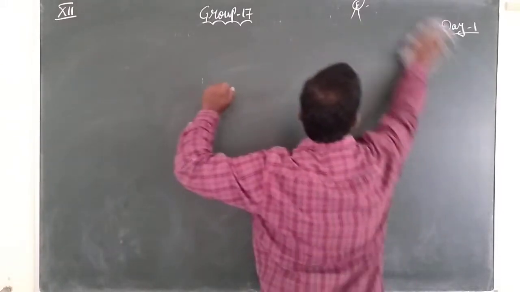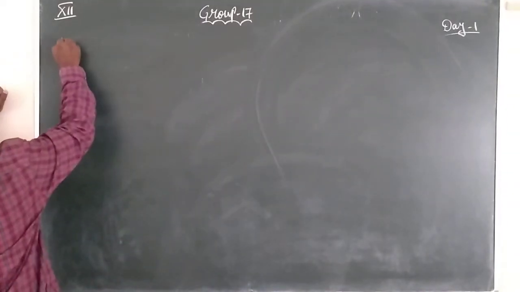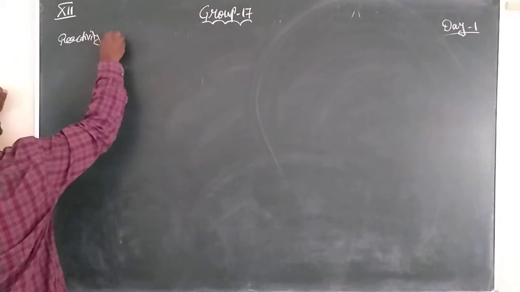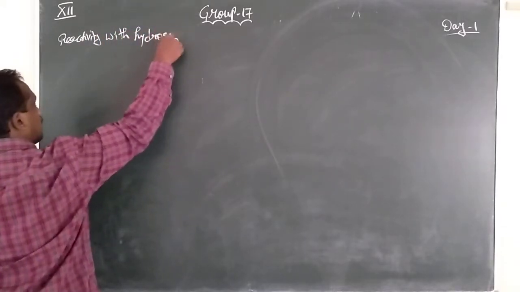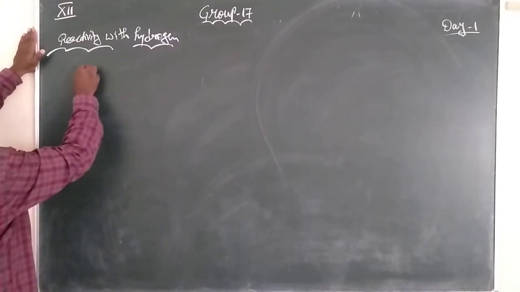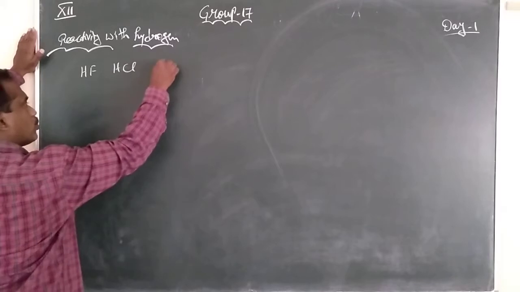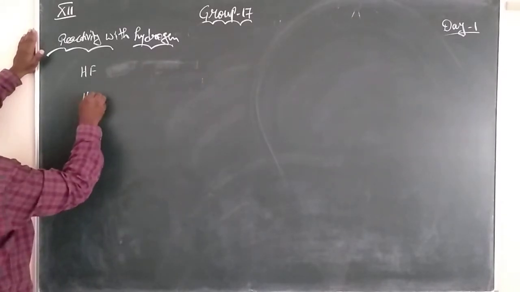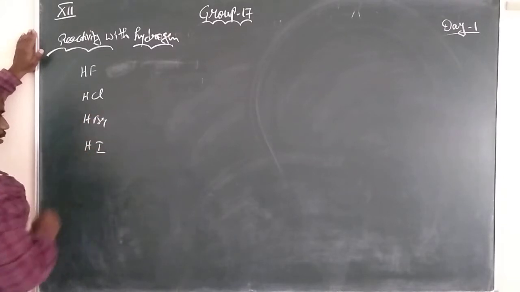If you see here, the reactivity of fluorine with hydrogen, they form the corresponding halides: hydrogen fluoride, hydrogen chloride, hydrogen bromide, hydrogen iodide.